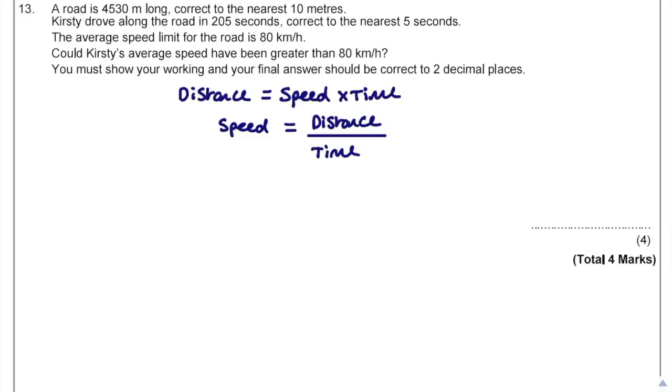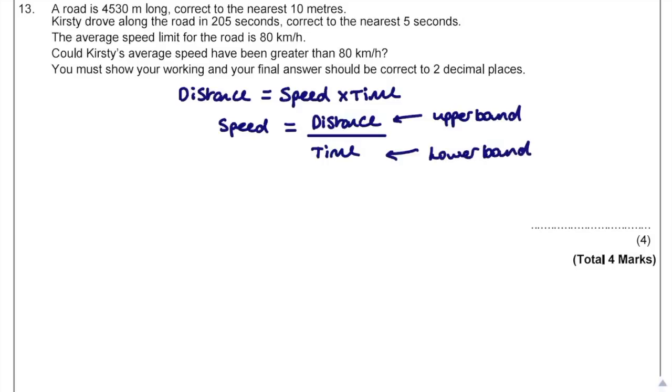So what we're doing in this case is we're actually working out the upper bound for the speed. Now, because speed is represented by one variable divided by another variable, to work out the upper bound, we need to take the upper bound of the distance and divide it by the lower bound of the time.